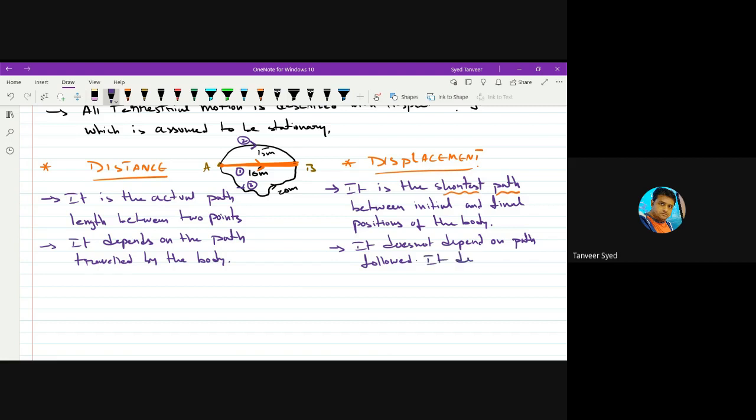It depends only on the initial and final positions. It depends only on the initial and final positions.